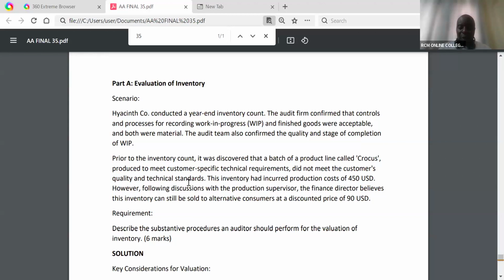We had produced some goods here known as Crocas for some customer, and this customer was not happy because whatever quality of Crocas we produced did not meet his specific technical requirements.